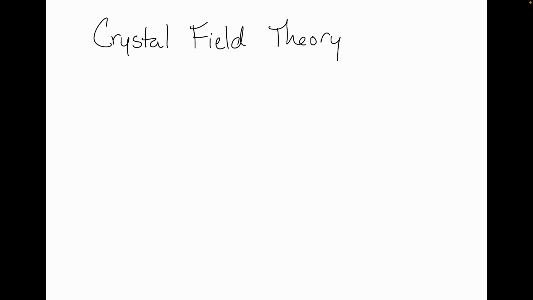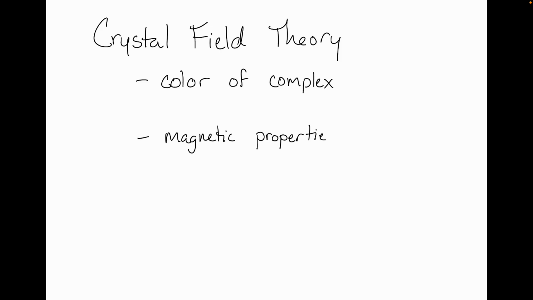The two properties we're going to see explained are the color of these complexes, as well as their magnetic properties. These two things are well explained by crystal field theory, whereas covalent bonding theory just fell short. It didn't explain these, okay?